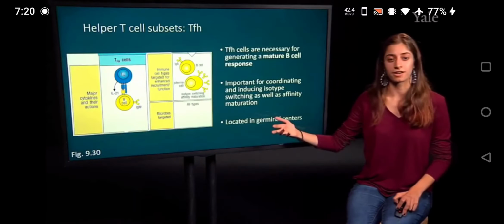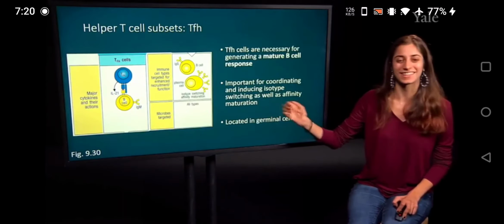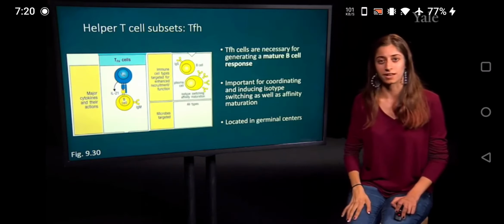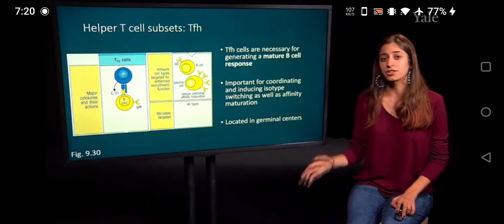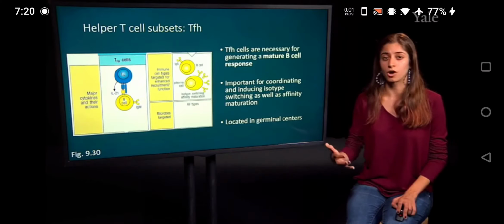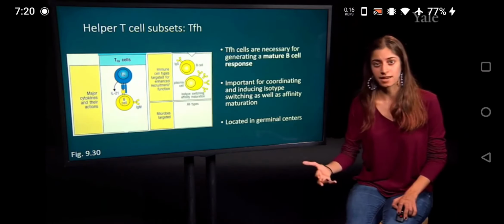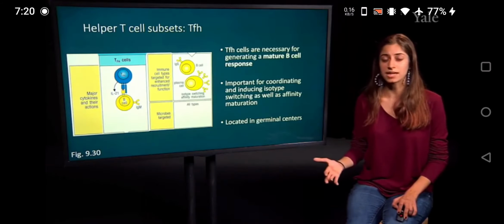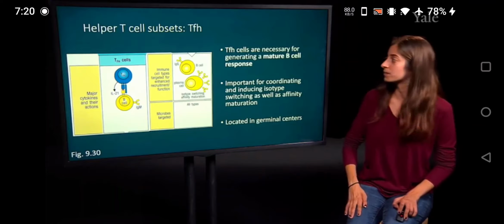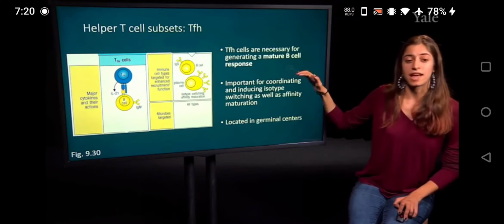Second to last is the helper T cell subset, T follicular helper cells. Unlike the other T cell subsets, T follicular helper cells are uniquely evolved to help B cells and activate them, as well as mediate class switch recombination after the B cells have become activated. TFH cells are necessary for mounting a mature B cell response.